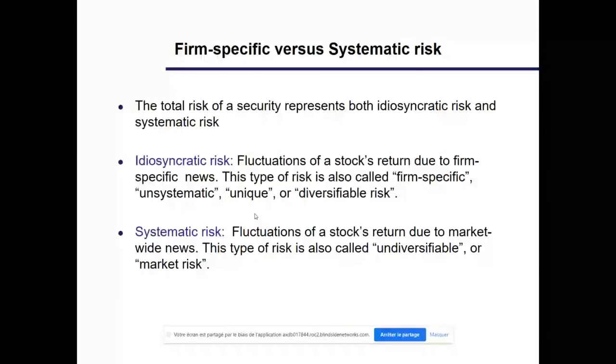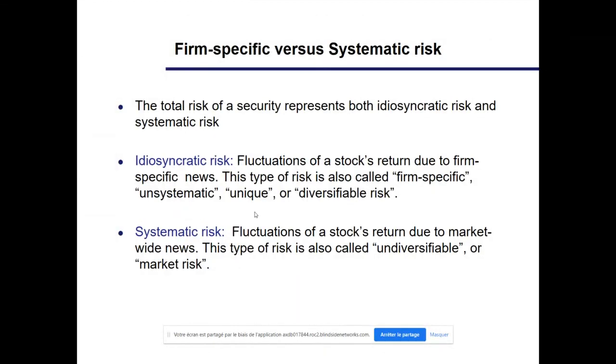We learned that inside the total risk of a security, there are two elements. One is called idiosyncratic risk, the risk which is diversifiable. The second is the systematic risk, which is the market risk, the risk which is not diversifiable. Is it good or bad that it's not diversifiable? It depends.